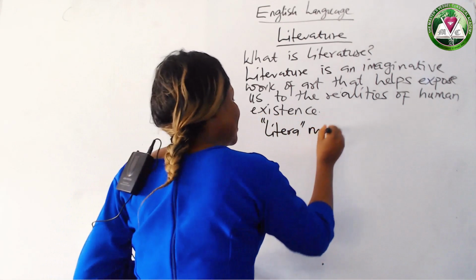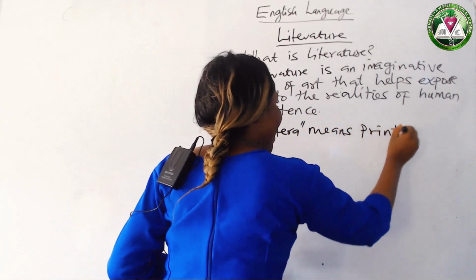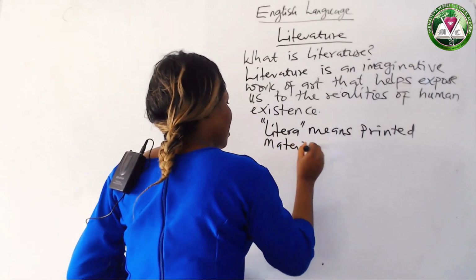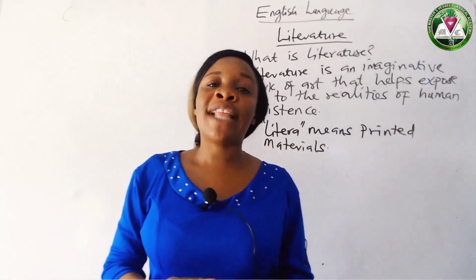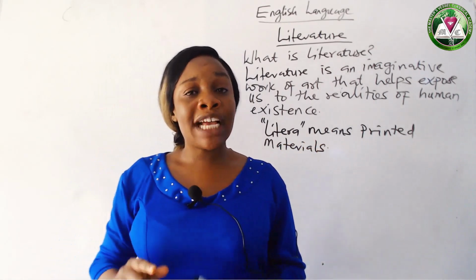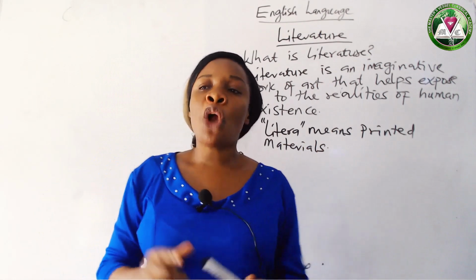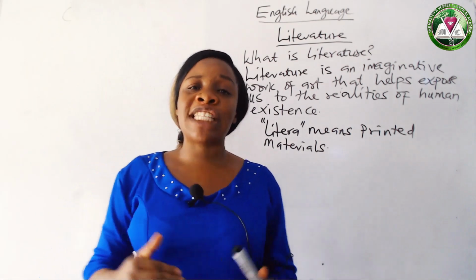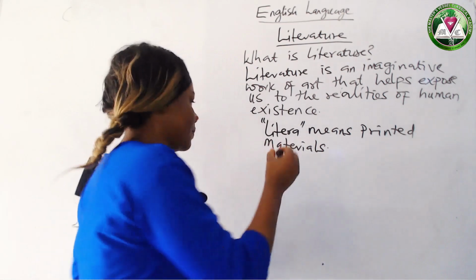It means printed materials. Okay, that is where the word literature was gotten from. Alright, having known the meaning of literature, we're going to go over to the characteristics of literature.